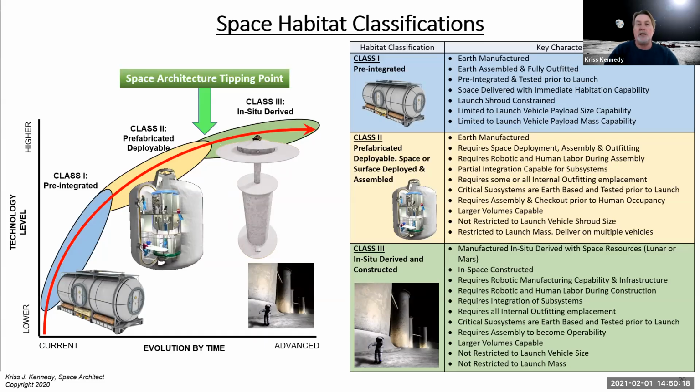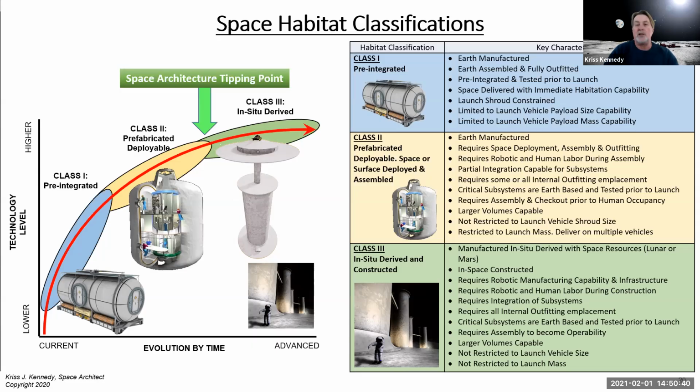The Class 3 is the in situ derived and constructed habitat. This is something that would make use of the space resources, lunar or Mars, and then ISRU in space constructed. Requires robotic manufacturing capability, and infrastructure requires robotic and human labor during construction.